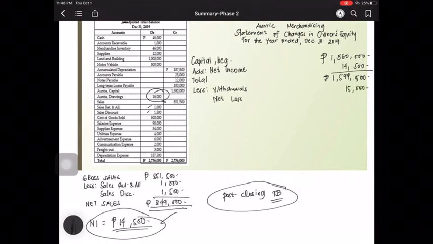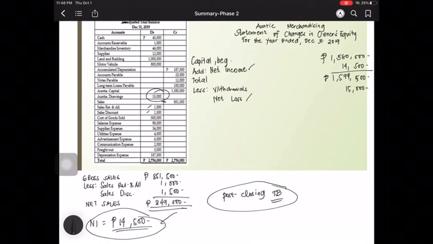Take note that net income and net loss cannot be presented or cannot exist simultaneously. The results of the operations of the business may just either result to a net income or a net loss.